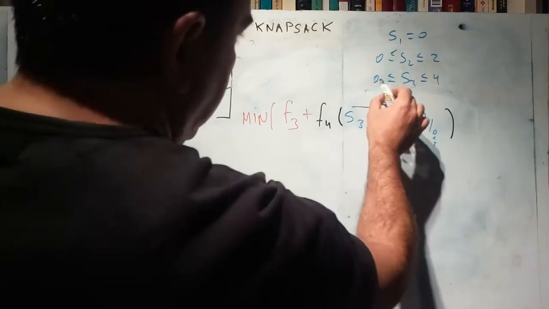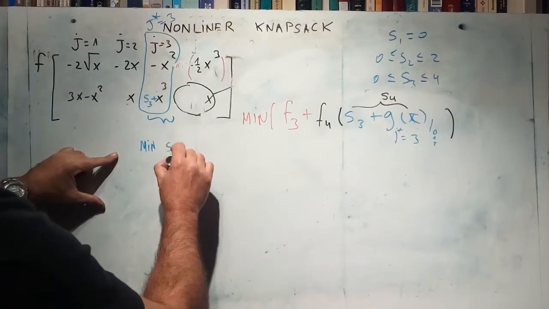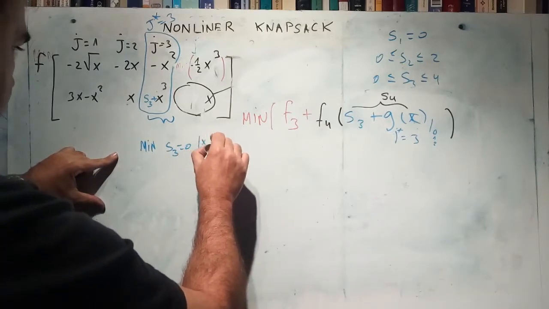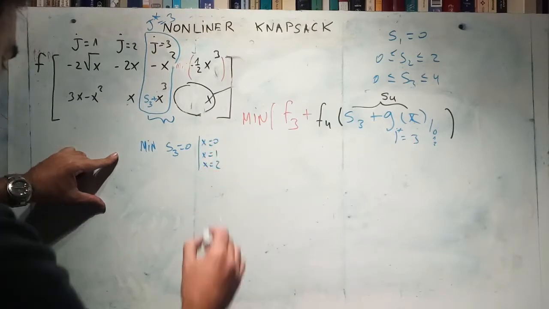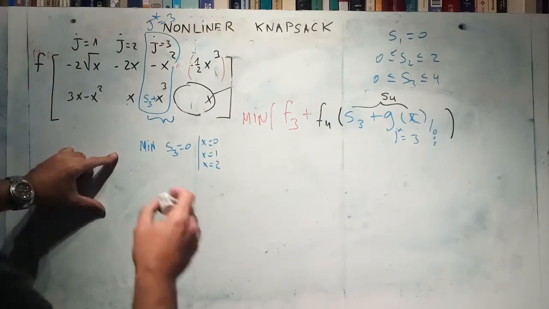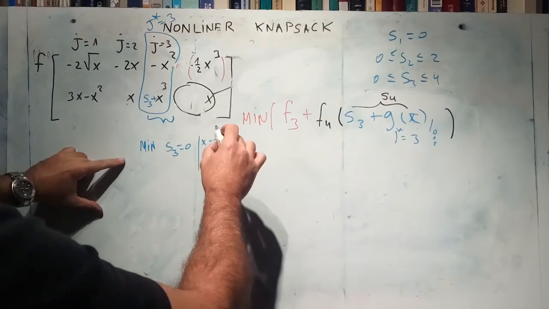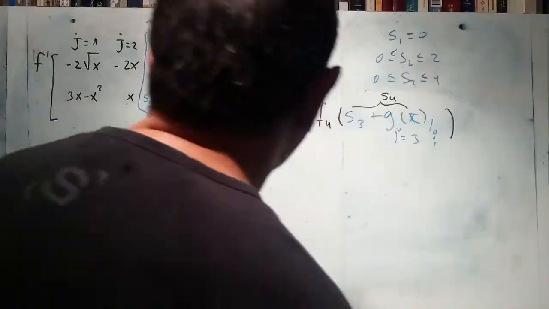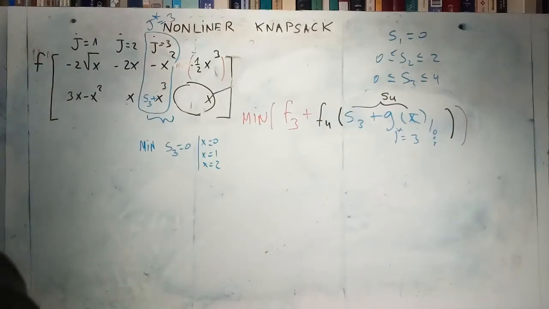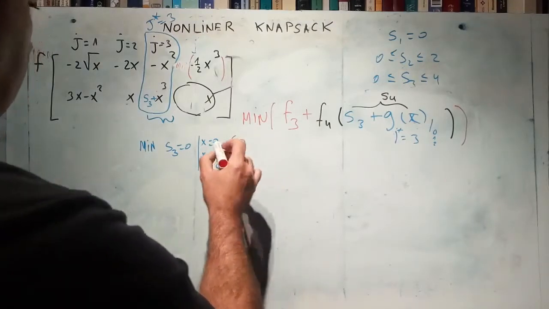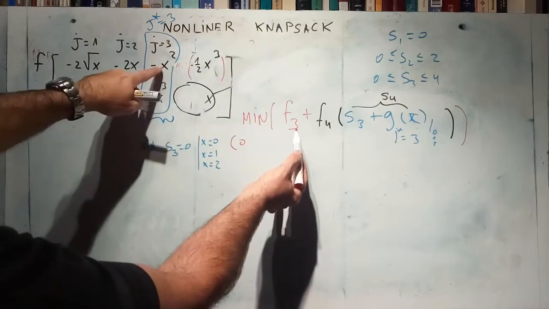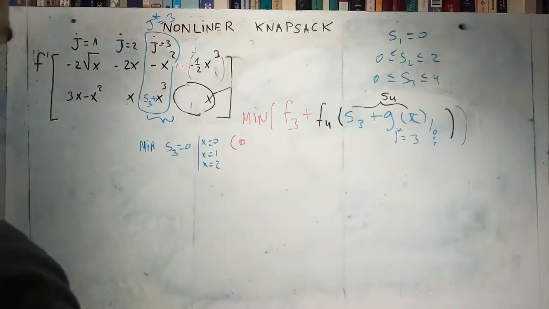And also S3 is moving between 0 and 4, so I have to consider S3 being 0 for the values of x, x being 0, x being 1, and x being 2, and minimize this, as I've said, of the values of x over this bracket in red. So if x is 0 and s3 is 0, the value of f3 is 0 also, right?